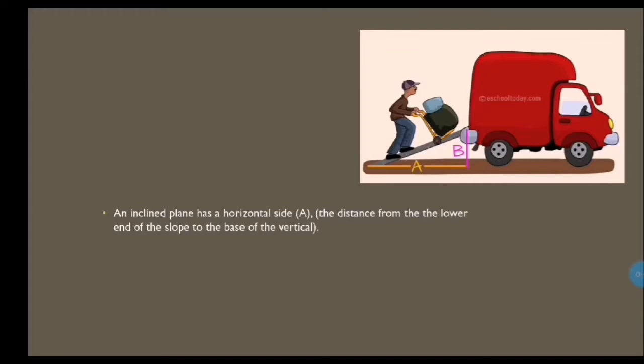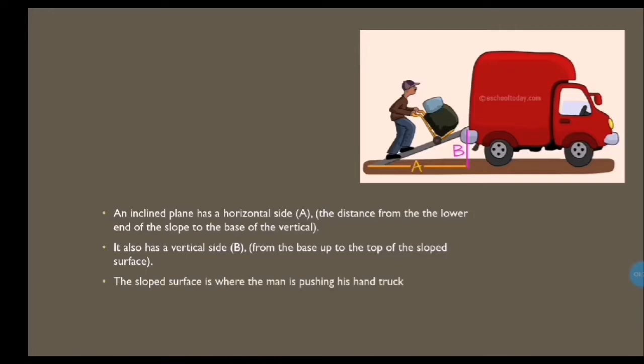An inclined plane has a horizontal side A, the distance from the lower end of the slope to the base of the vertical. It also has a vertical side B from the base up to the top of the sloped surface. The sloped surface is where the man is pushing his hand truck.